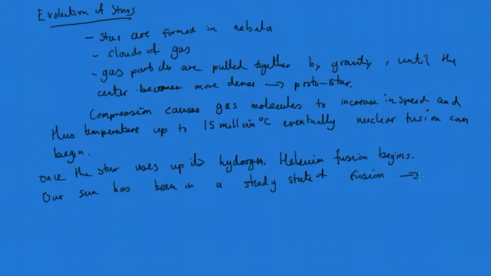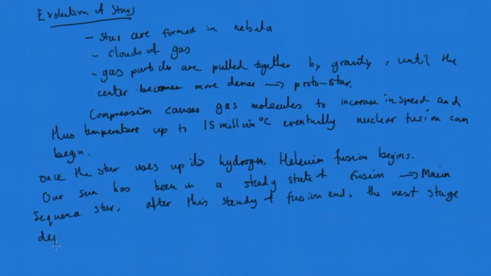So this makes it what we call a main sequence star. After this steady state of fusion ends, the next stage depends on its mass.